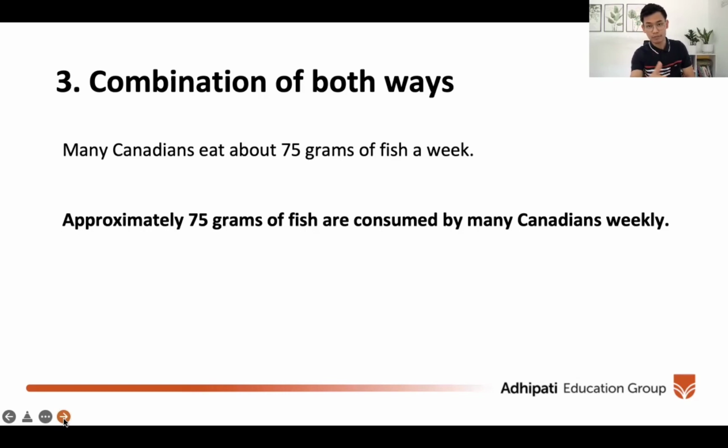Eat became the verb synonym consumed, and a week became weekly. And there's one more thing I changed, did you notice it? The original sentence is written in active voice, and I changed it to passive voice. So that's a beautiful way to paraphrase.